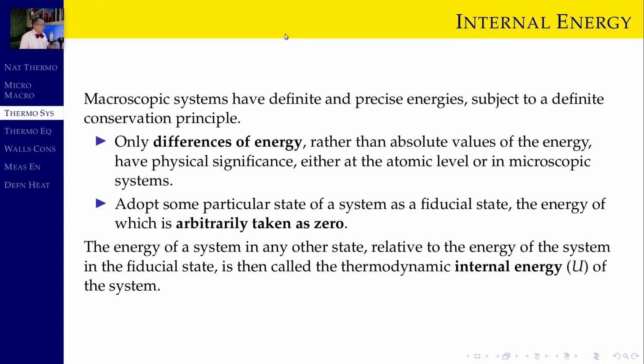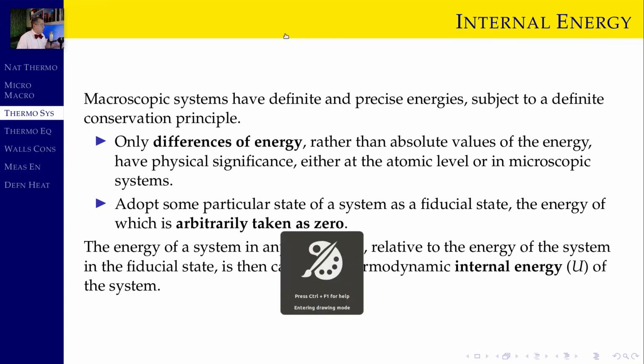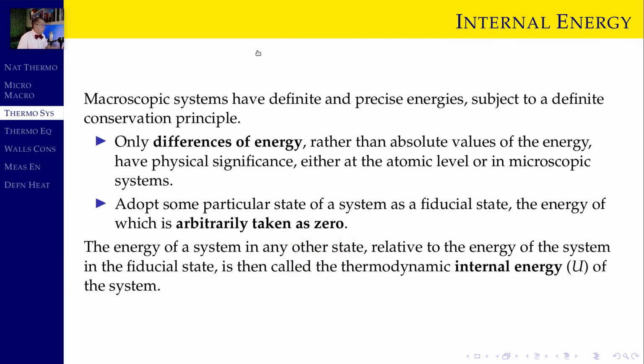For internal energy, as I'm sure you've already seen in general chemistry, we only look at differences in energy. So that's why we always express internal energy as delta U and not simply as U. Of course, all objects have internal energy U. It's just that we cannot measure the absolute internal energy of things.